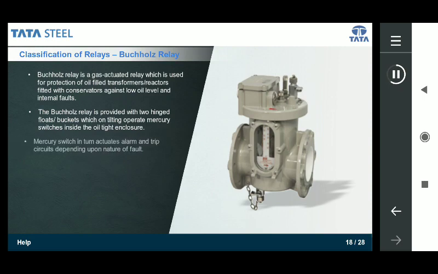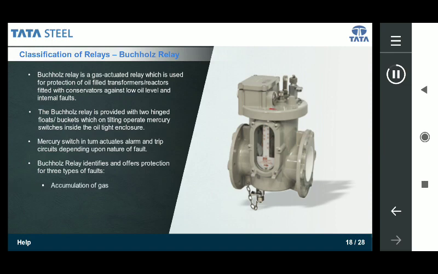Mercury switches in turn actuate alarm and trip circuits depending upon the nature of the fault. The Buchholz relay identifies and offers protection for three types of faults, namely accumulation of gas, oil leakage, and severe winding faults. Let us look at the parts of the Buchholz relay in further detail.